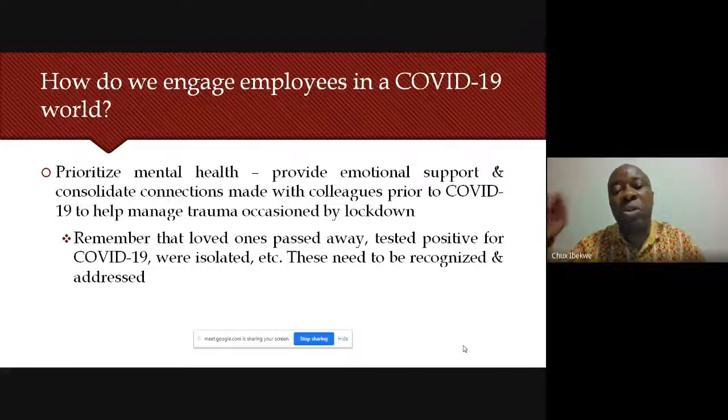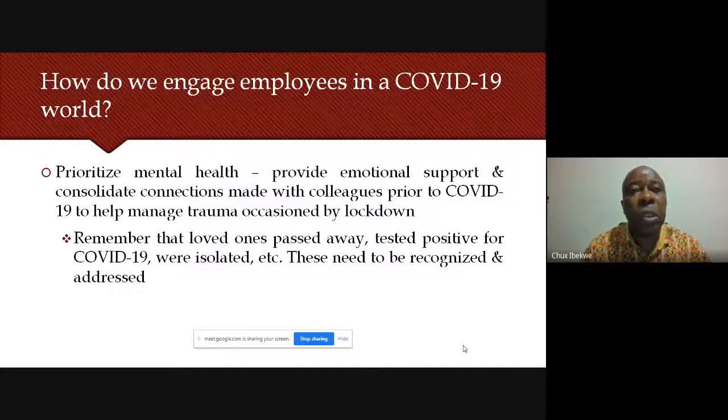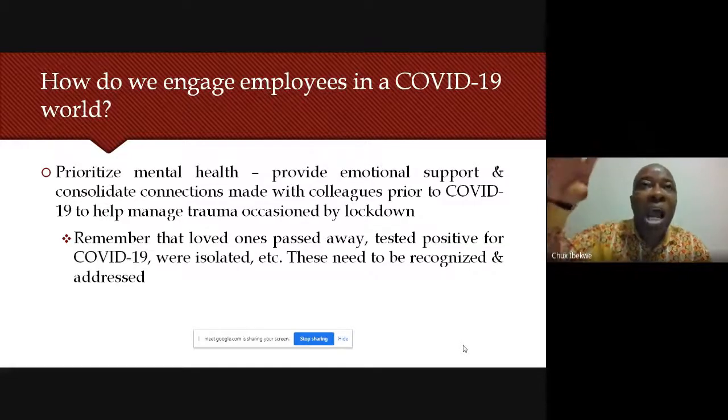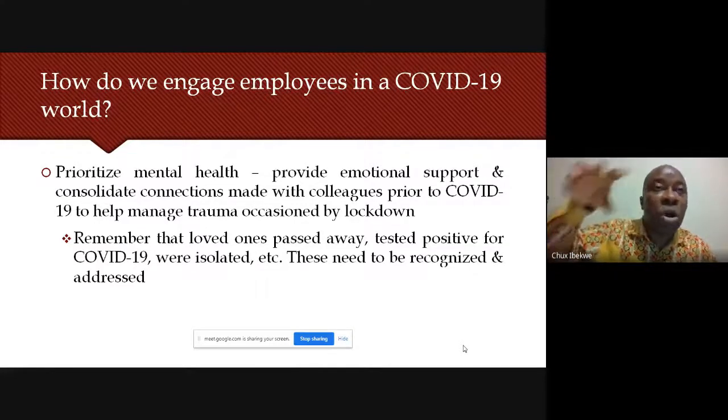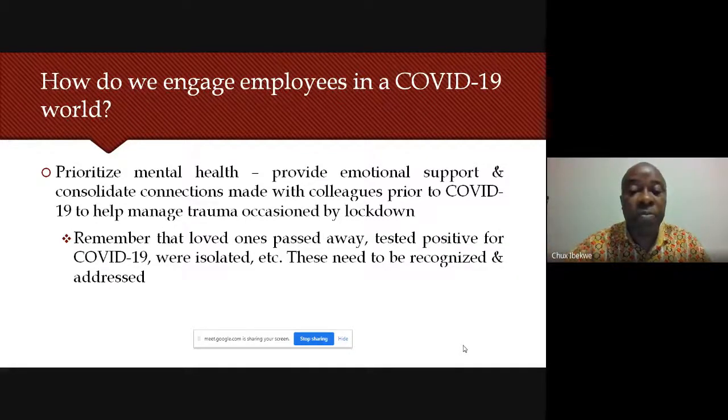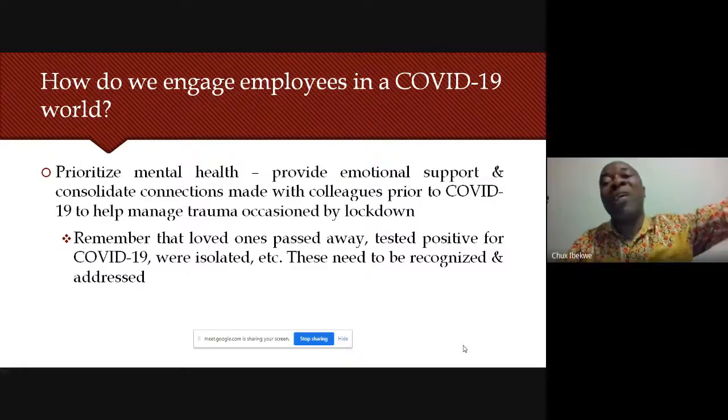Prioritize mental health of your workers. Provide emotional support and consolidate connections made with colleagues prior to COVID. So allow colleagues to collaborate from home or anywhere they are, and let them contact one another. Remember that some of your employees' friends passed away, some family members passed away because of this.